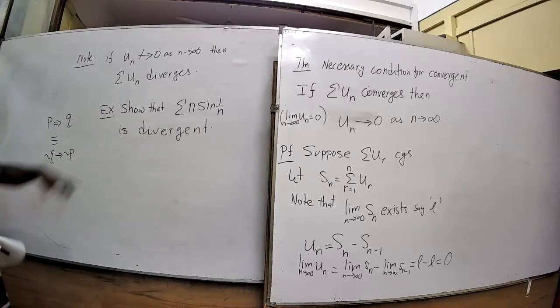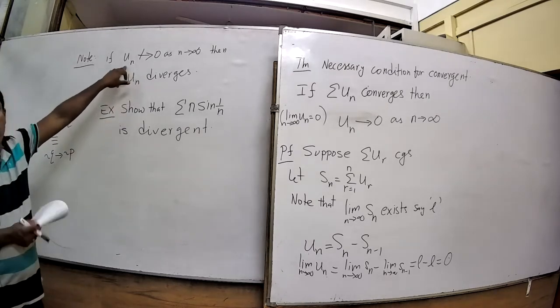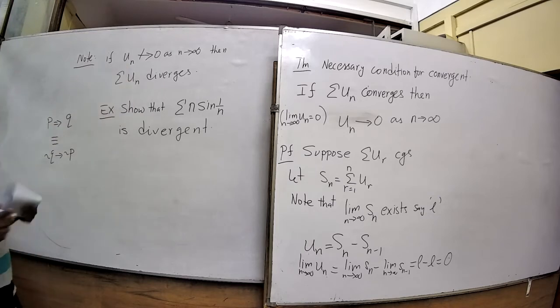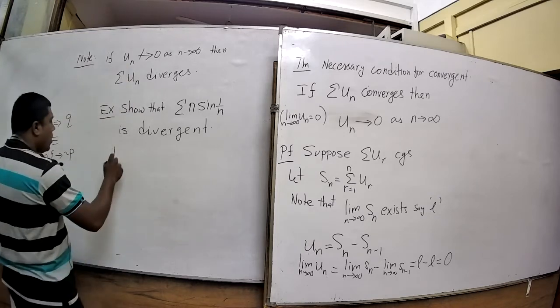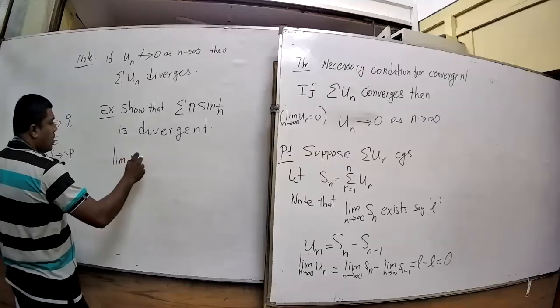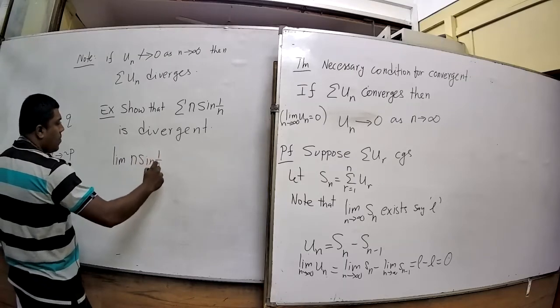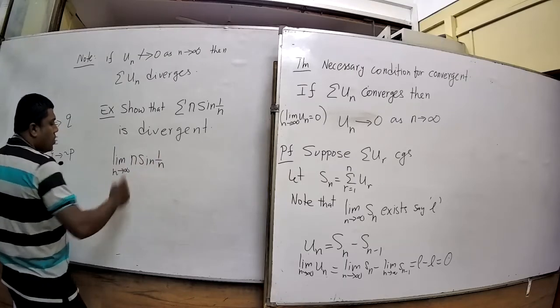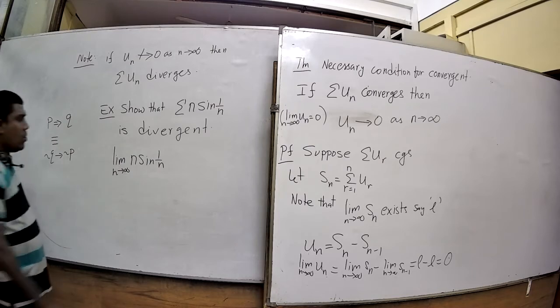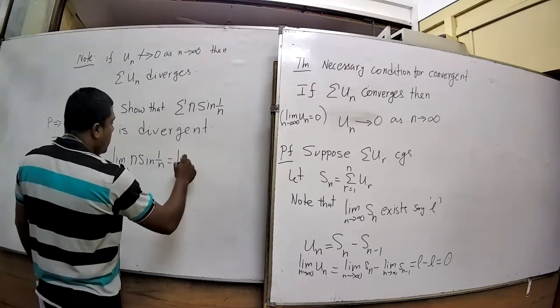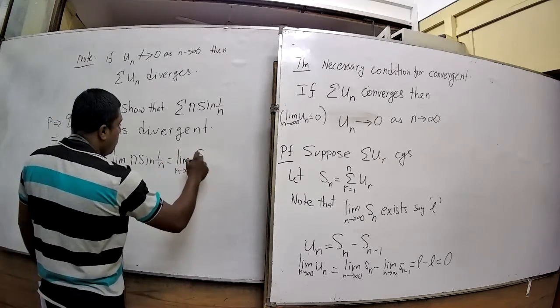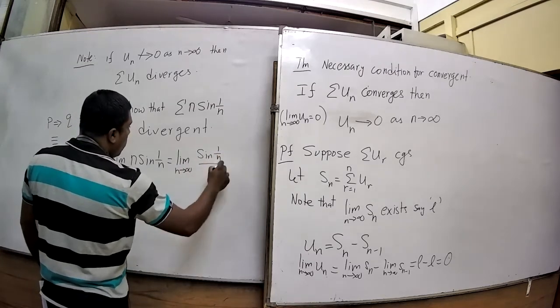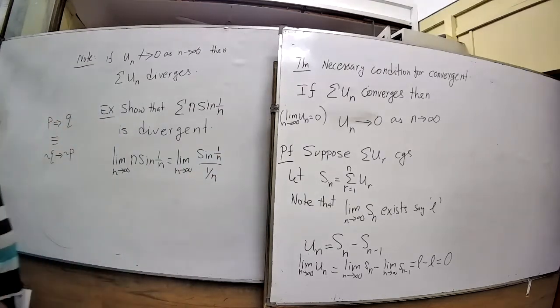If you want to show divergence, then what do you do? You take the limit of the un term. That's A level work. You did this. N goes to infinity. This limit you know from A level. So this is the limit as n goes to infinity of sine 1 upon n over 1 upon n. N times sine 1 upon n, you can write as sine 1 upon n over 1 upon n.